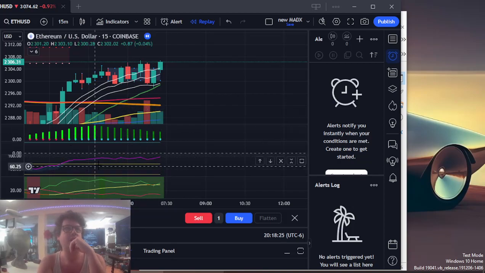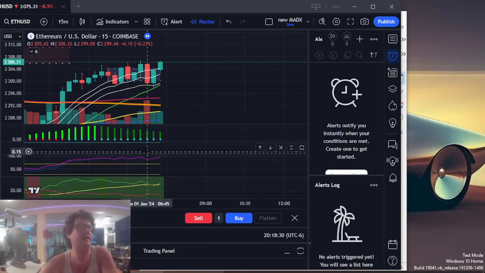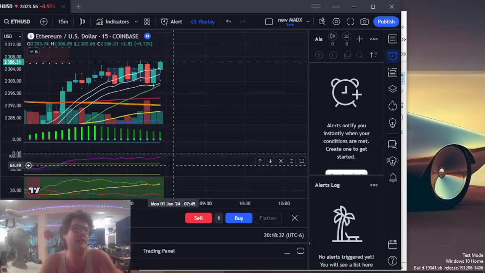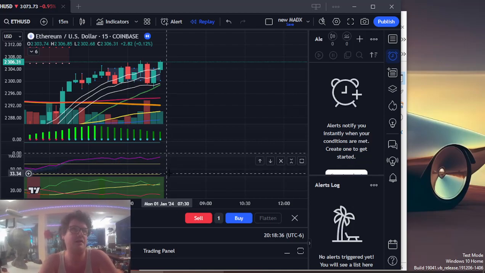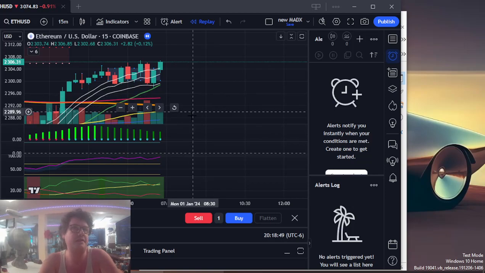We want the RSI going in a straight line, crossing out of the top line for a long, crossing down through the bottom line for a short, and we want this DMI line to be a consistent color for the past 2 candles at least.